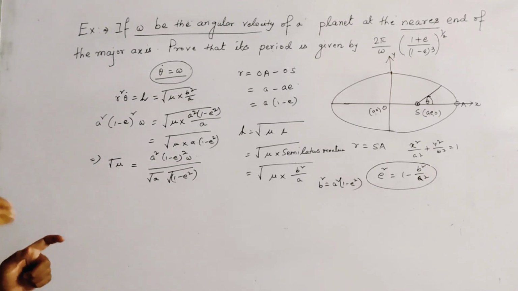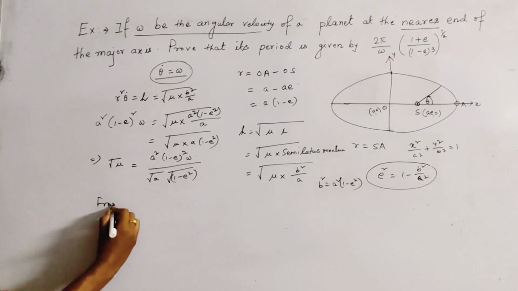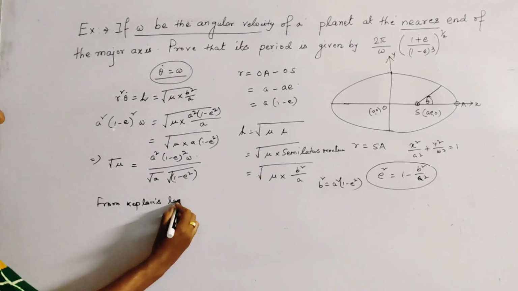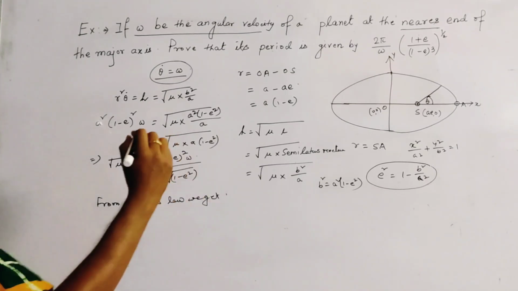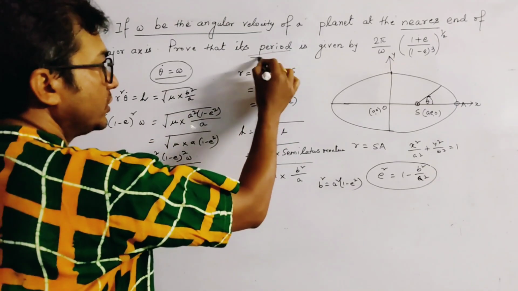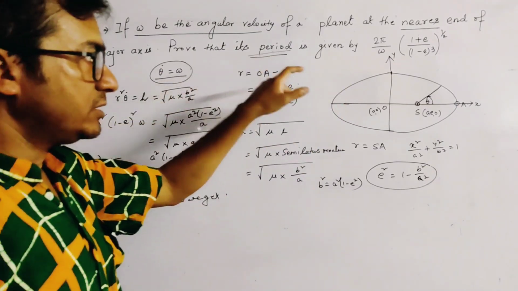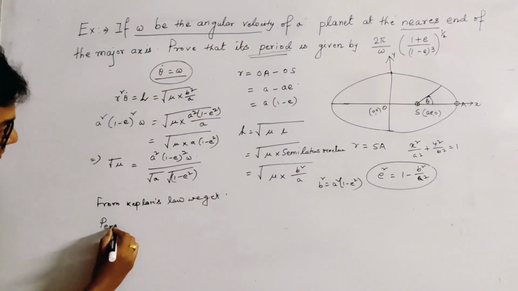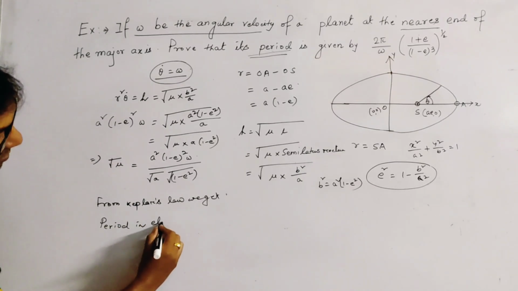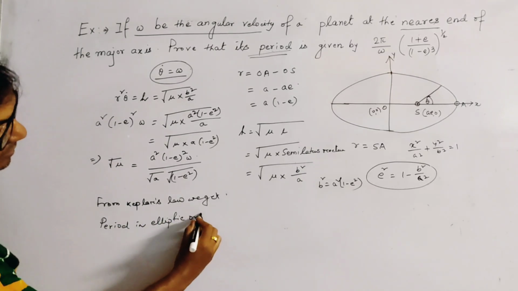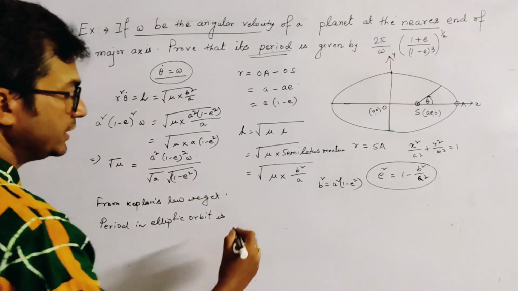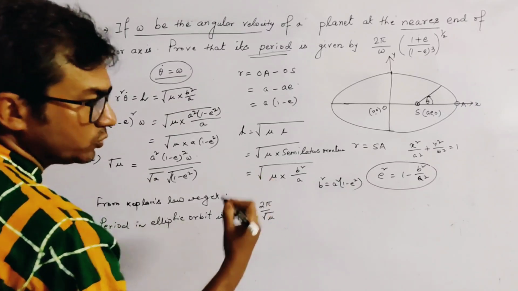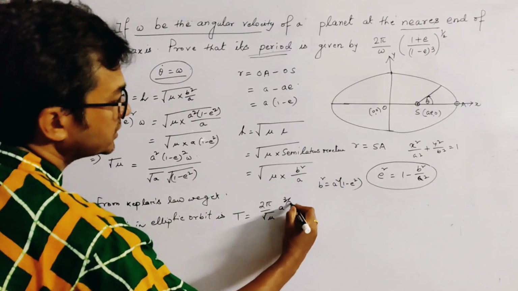And from Kepler's law, the period in planetary motion, the period in an elliptic orbit, is T, which is given by 2 pi by root mu into a to the power 3 by 2.